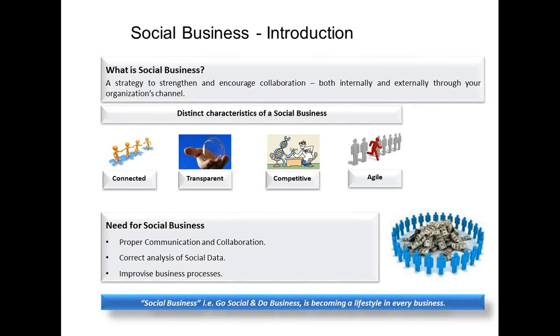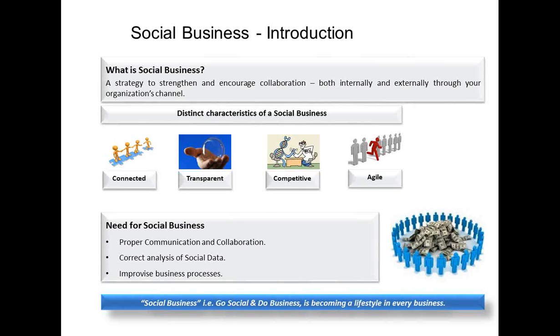I hope many of us must have observed this. You must have noticed it's actually people within the company who do business with other people within another company. It is not actually the company doing business with the company, it's the people working within the company. They are collaborating with people in another company and doing business.